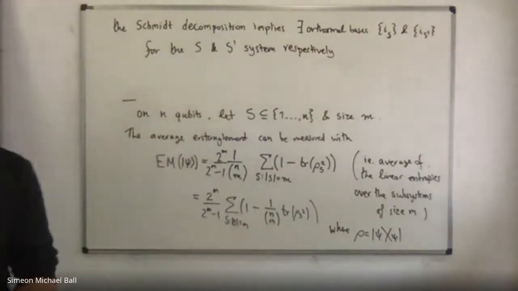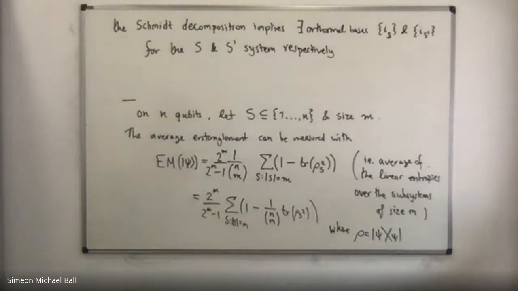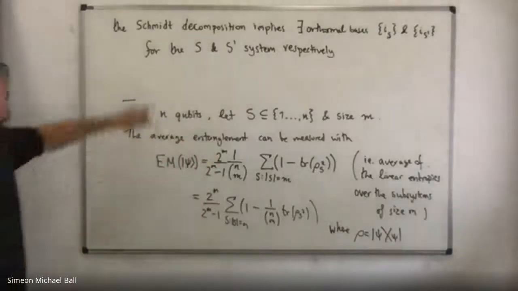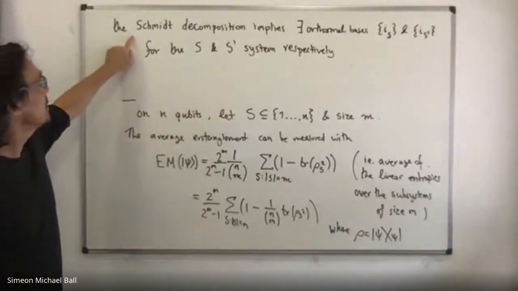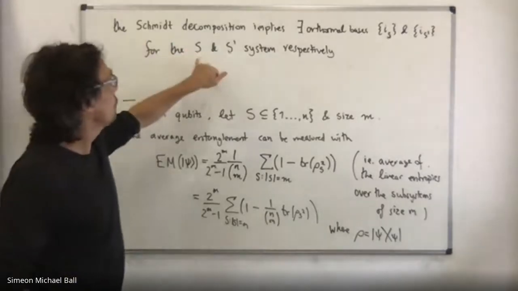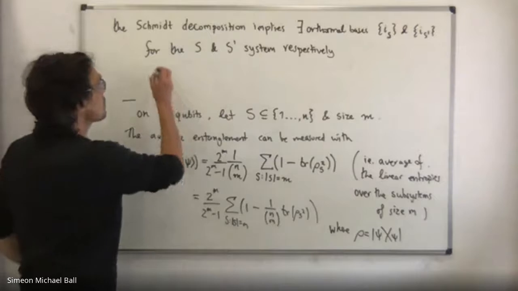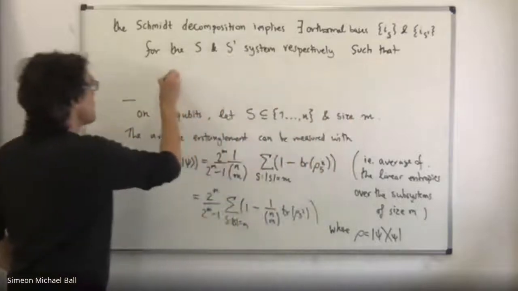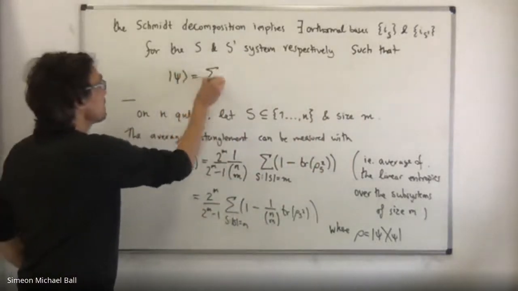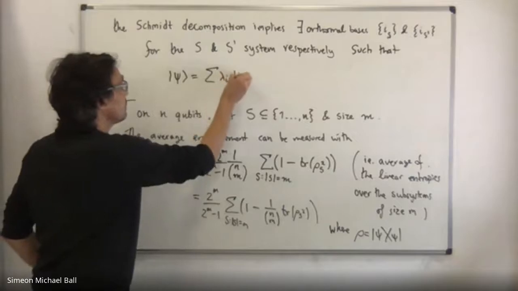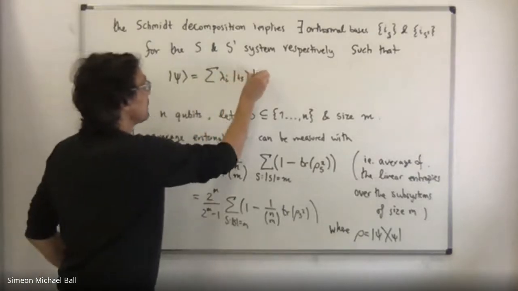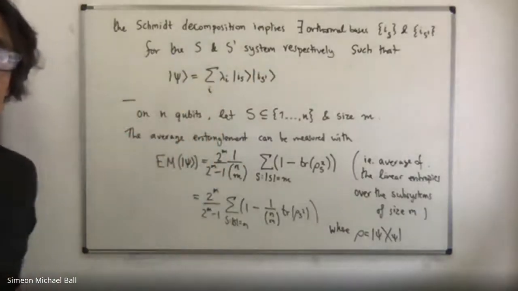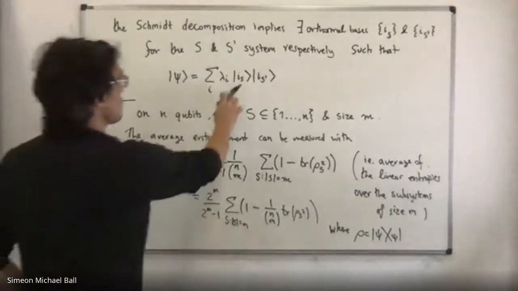Okay, so we showed, I can't remember when now, a long time ago, that we can do the Schmidt decomposition. We can find orthonormal bases of each of the systems such that any state can then be written as the sum of lambda_i times the basis states, like this. Okay, so we can write our state in this decomposition.